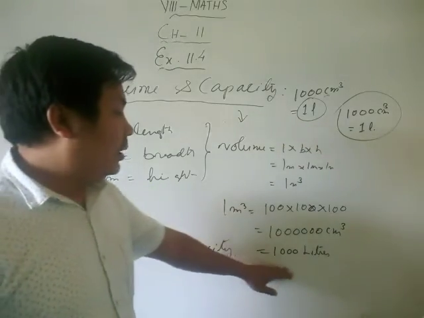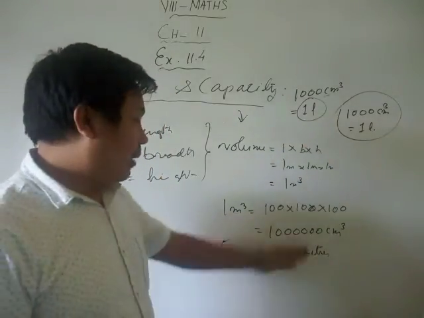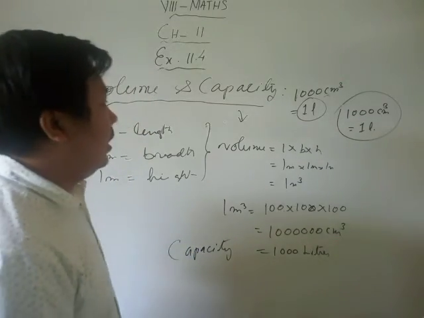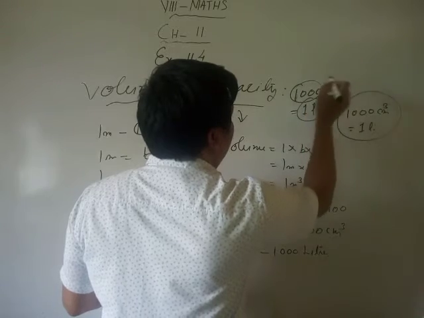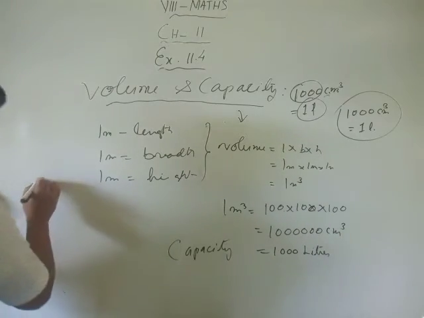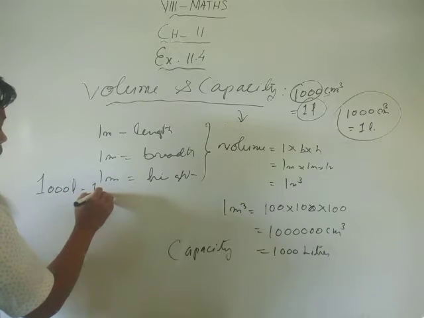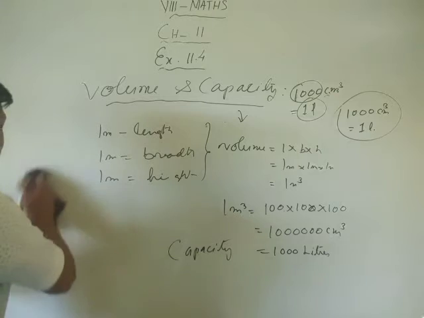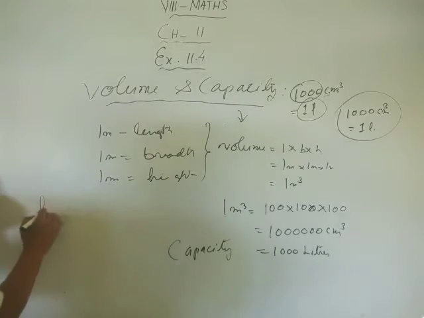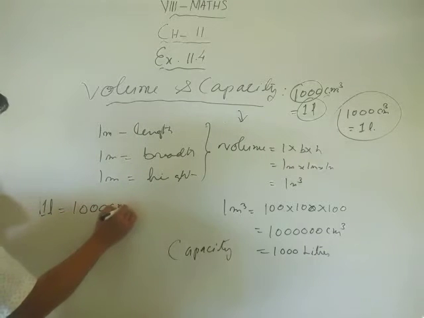So here the capacity is 1,000 liters because of this much centimeter cube, divided by 1,000. Because 1 liter is equal to 1,000 centimeter cube.